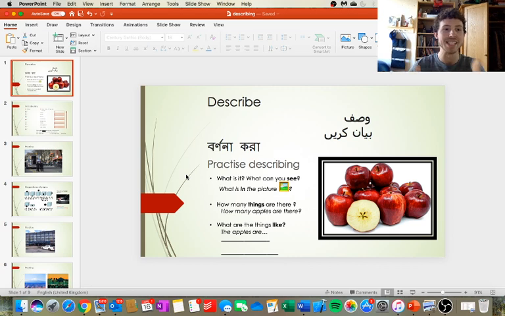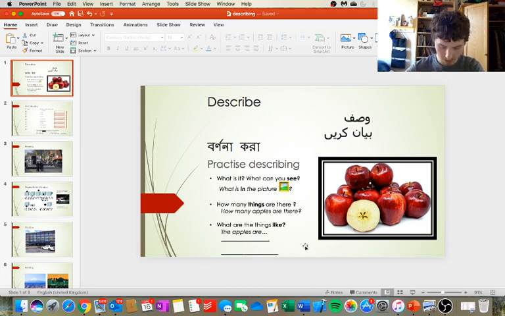So this is an easy example, and we'll go on to some harder things. So what is in the picture? What can you see? There are some apples. The apples are red. They are in a white picture.